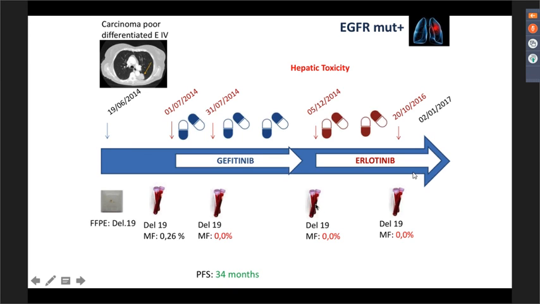CT scans confirmed that there was no progressive disease, and the oncologist decided to switch the treatment to erlotinib, and she continued with erlotinib for 2 years. And you can see that in the follow-up, all the samples were completely negative for the EGFR mutation in their liquid biopsy.